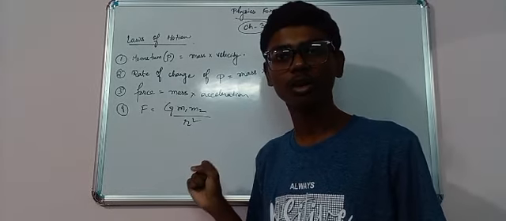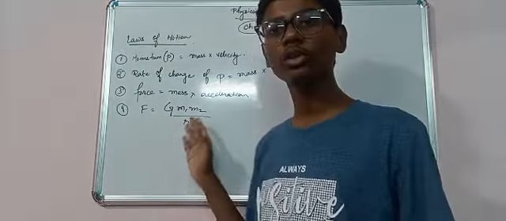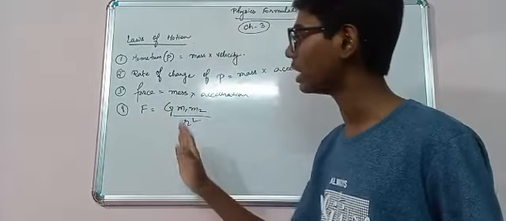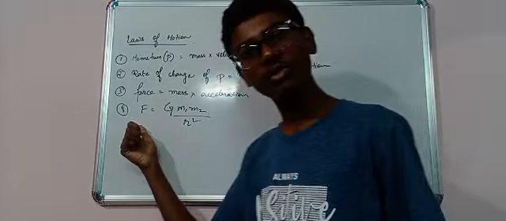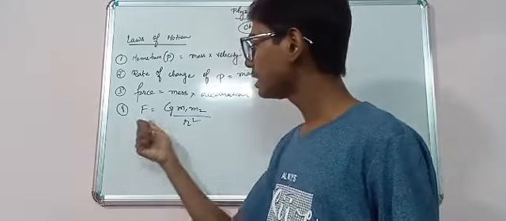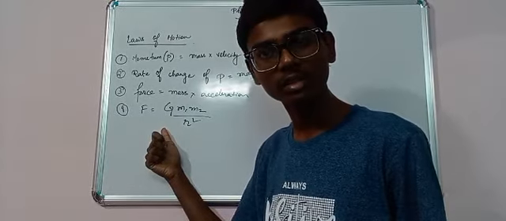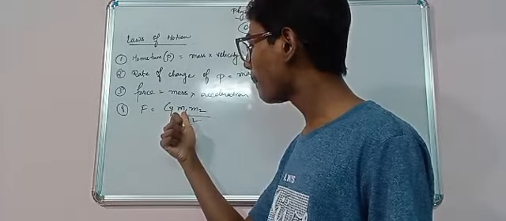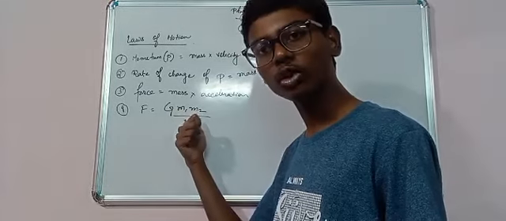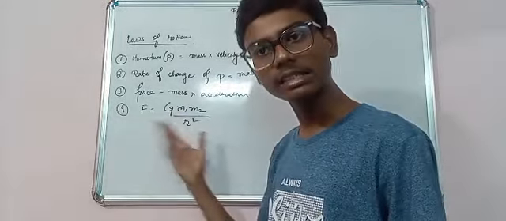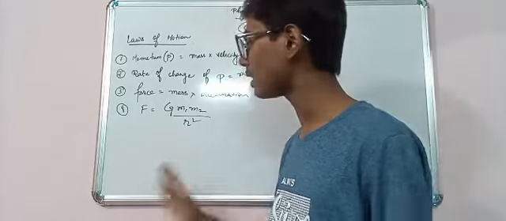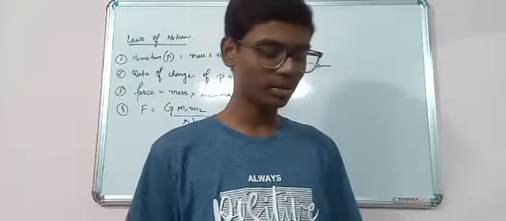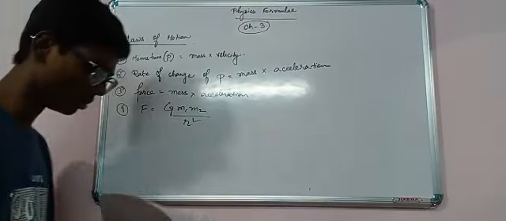Let me just tell you, F is force, G is the gravitational constant, which has a value, times the masses of both the objects, divided by the distance, the radius squared. I know you have the urge to know, but still I am not going to say a single word.